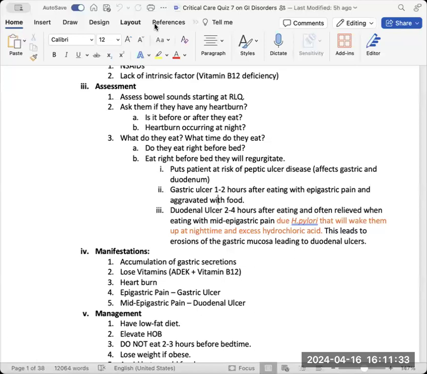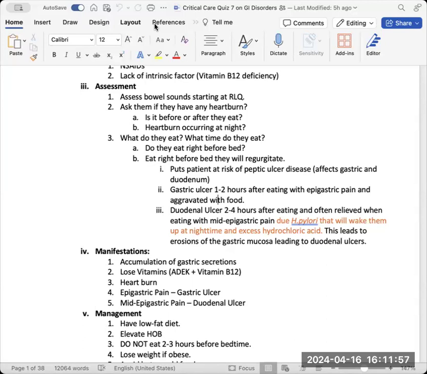So as you're eating, nothing's going into the duodenum yet, so your ulcers are not being touched by anything. But when your stomach's trying to get that food into your intestines and have everything go through absorption, it opens after 2 to 4 hours after eating, and now you're getting pain.